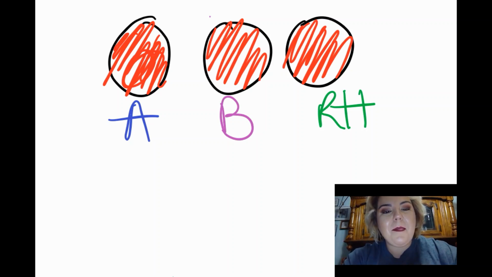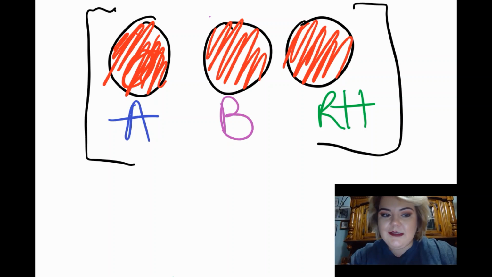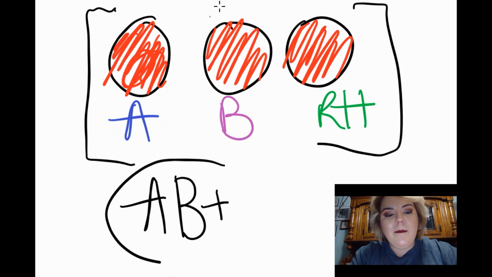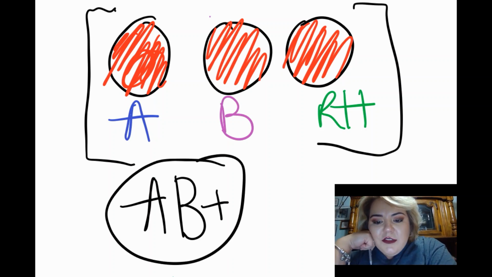What does this mean? Now that we've done the test, we can tell what our patient has. From this test, we know that there was agglutination in everything. So we have AB positive blood. So patient number 2 has AB positive blood. What does that mean?